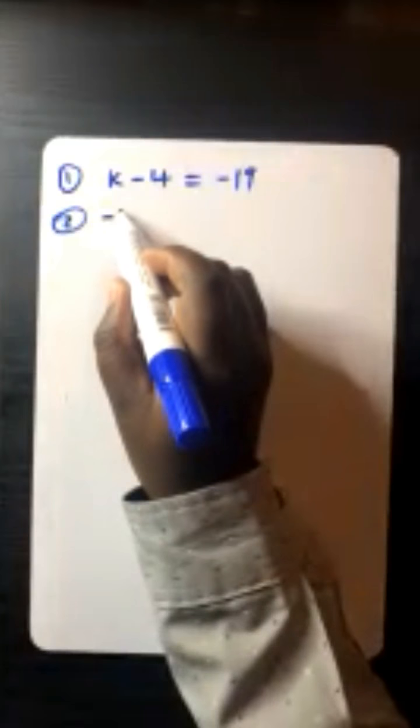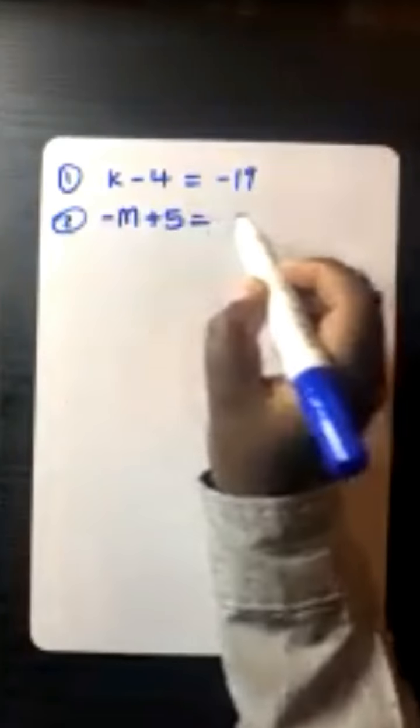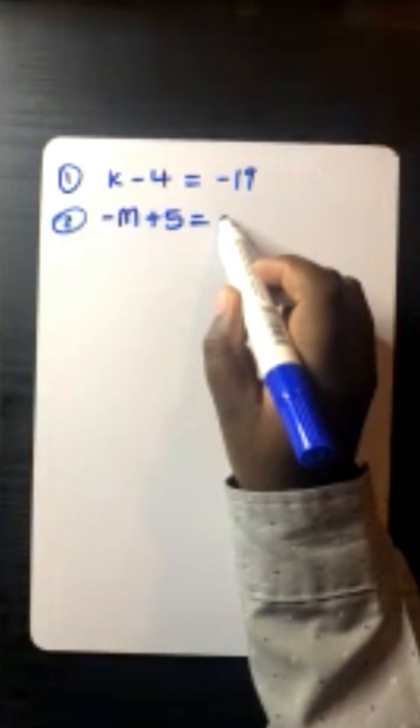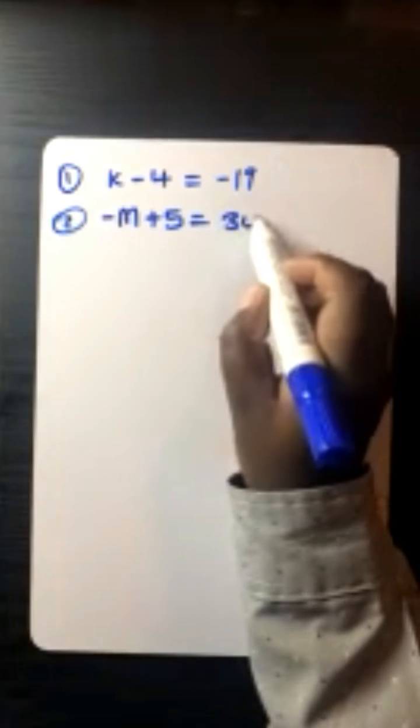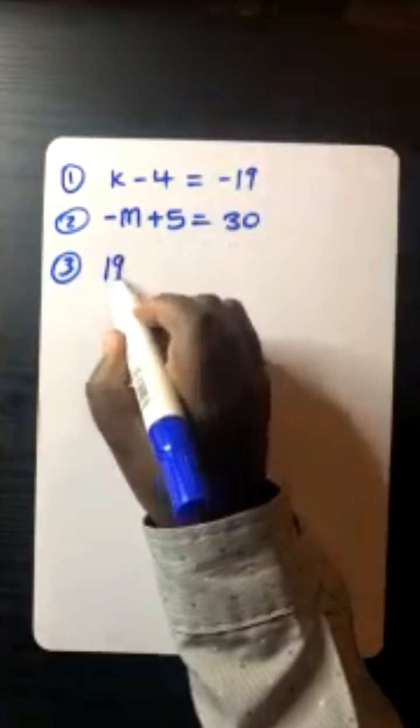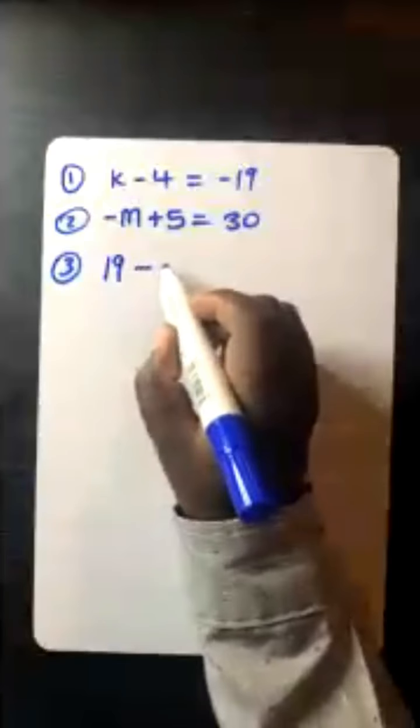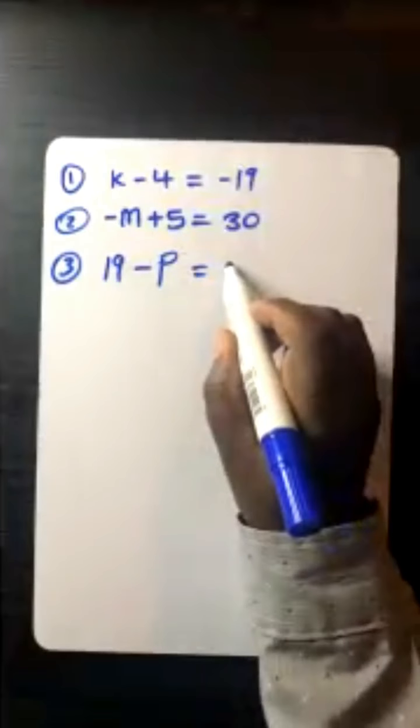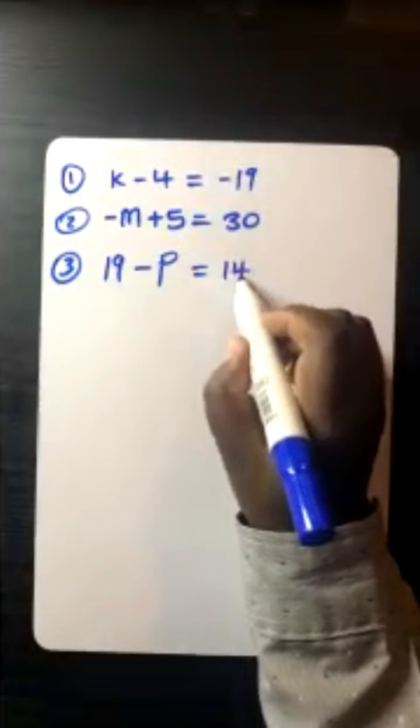So I'm just going to quickly write that plus 5 is equal to, let's say, 30. Number 3, we've got, let me say, 19 minus p is equal to 14.